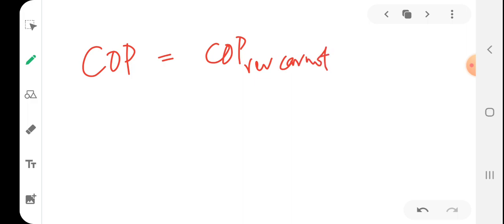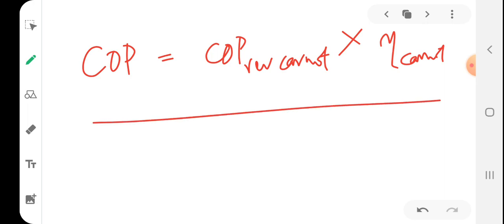So COP can be written as COP of reverse Carnot into efficiency of Carnot, right?